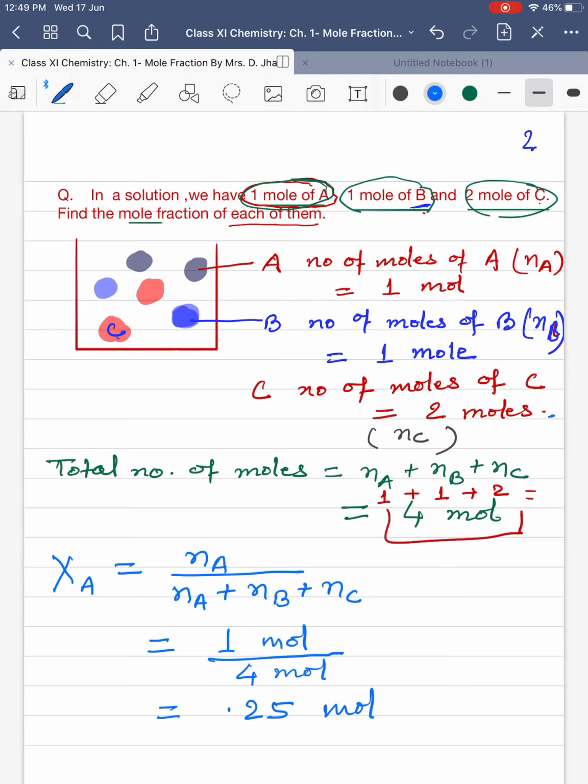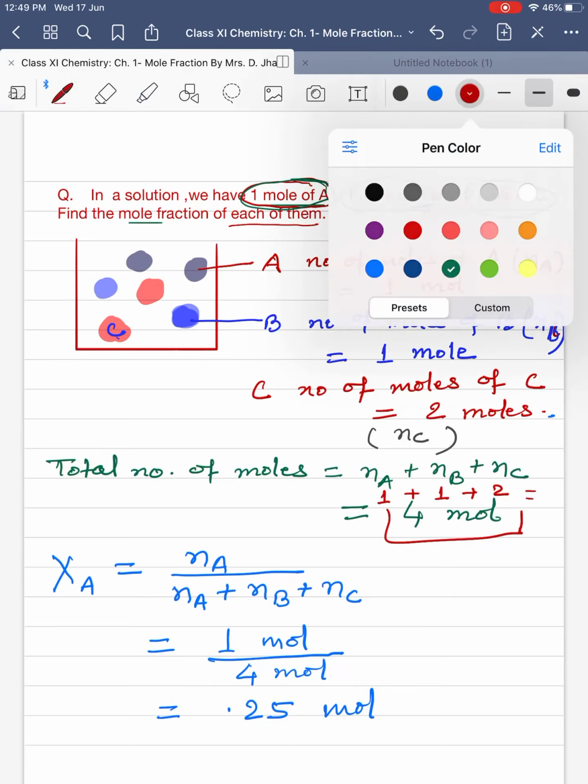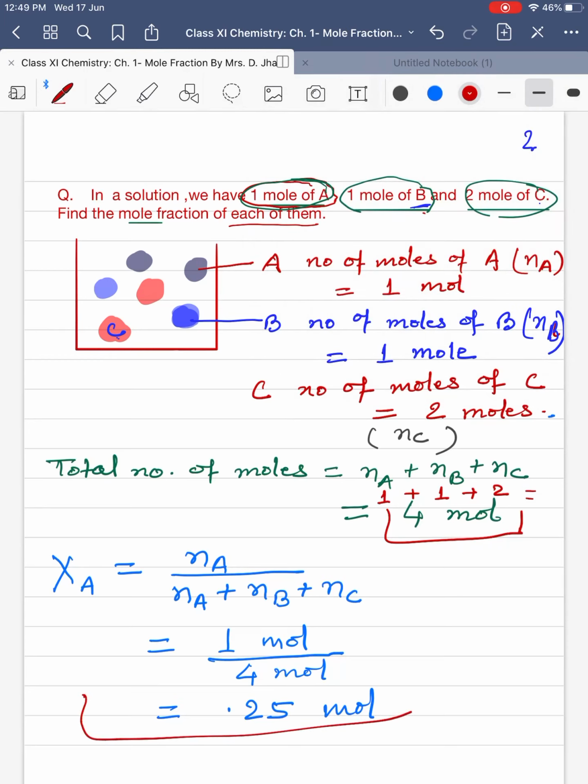This is the mole fraction of component A, because mole fraction has no unit.